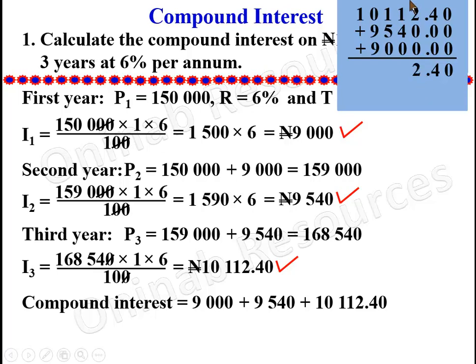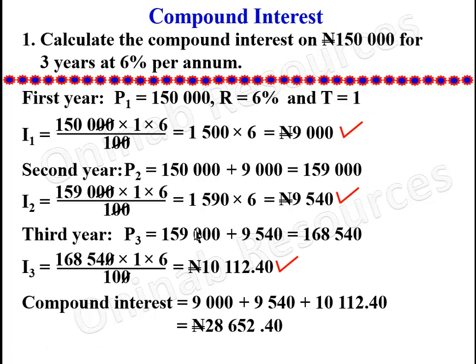I have 2 here. 1 and 4. That's 5. 1 and 5. That will give us 6. 9 and 9, that's 9 plus 9, 18. You write 8 carry 1, add the 1 to this one gives 2. So we have our compound interest to be 28,652 naira 40 kobo. So we have it here, and we have done justice to problem number 1.